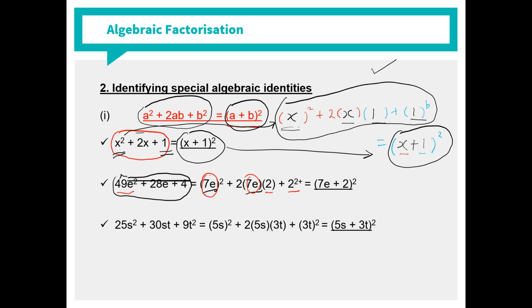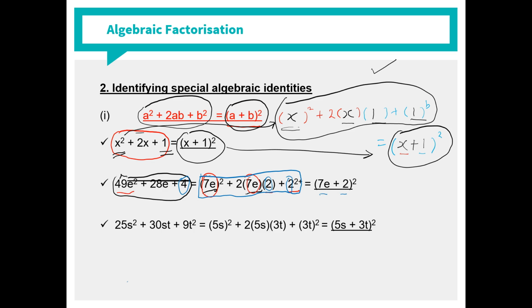Then I realize that 2 squared will give me 4, so I put 2 into here and here. After that I check the whole expression to see if it gives me 49e squared plus 28e plus 4. And true enough, it does give me back 49e squared plus 28e plus 4. So I will put it into this bracket of a plus b whole thing squared.